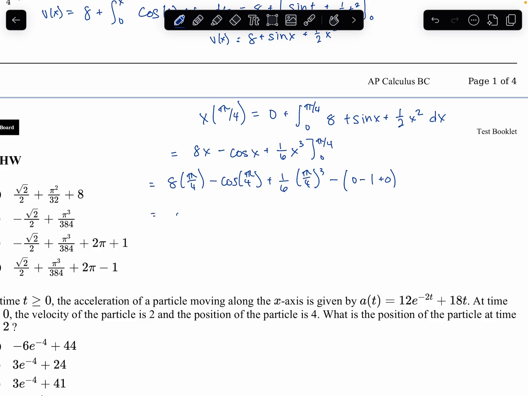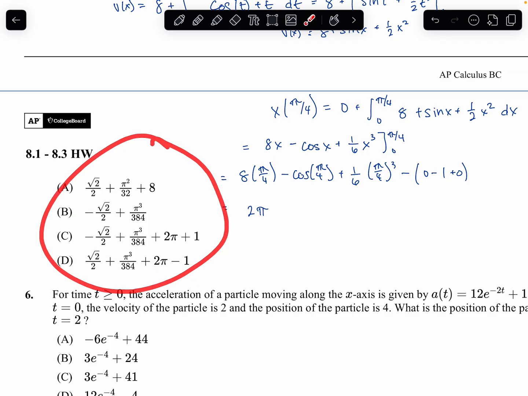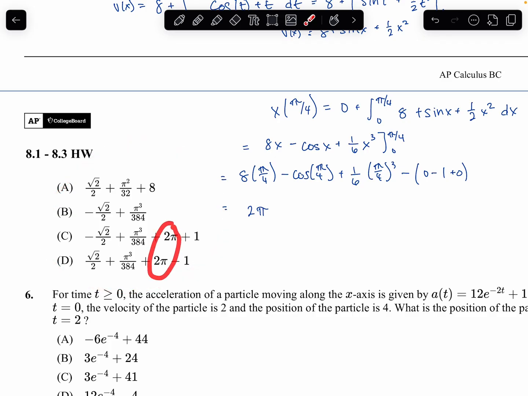This becomes 2 pi. I'm going to keep an eye out over here. So I see 2 pi, and then I also see plus 1. I know that cosine of pi fourths is root 2 over 2. Cosine is still root 2 over 2, right?